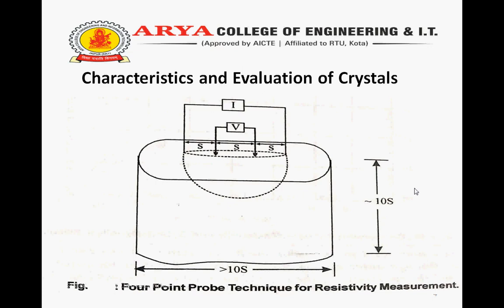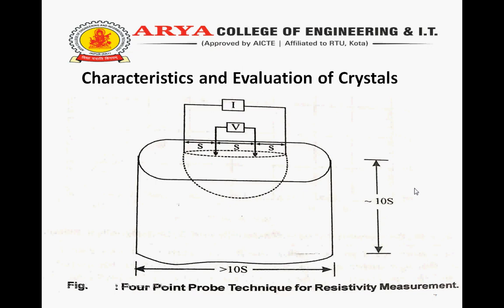A common etch used for this purpose is Sirtl etch, which is a mixture of HF acid 49% and 5 molar chromic acid. Cracks can be detected by ultrasonic waves.